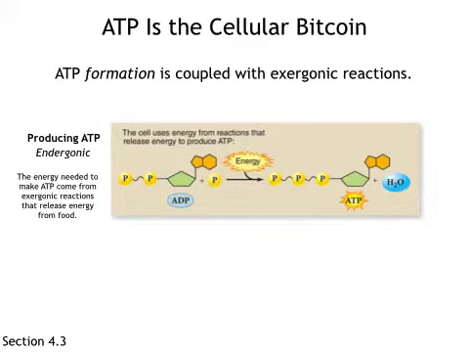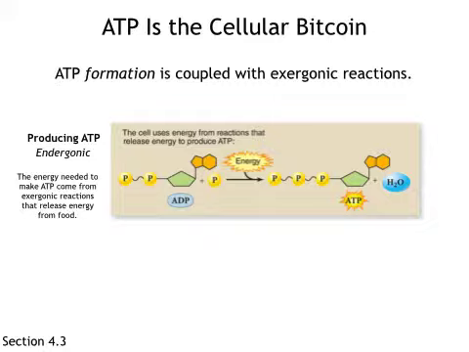So in the mitochondria, you make ATP using energy from food. And that energy comes from an exergonic reaction. That's when you take the food, you're ingesting it, and you break it down, right? And that's what the mitochondria uses to make ATP. So that's why ATP formation is always coupled with exergonic reactions.